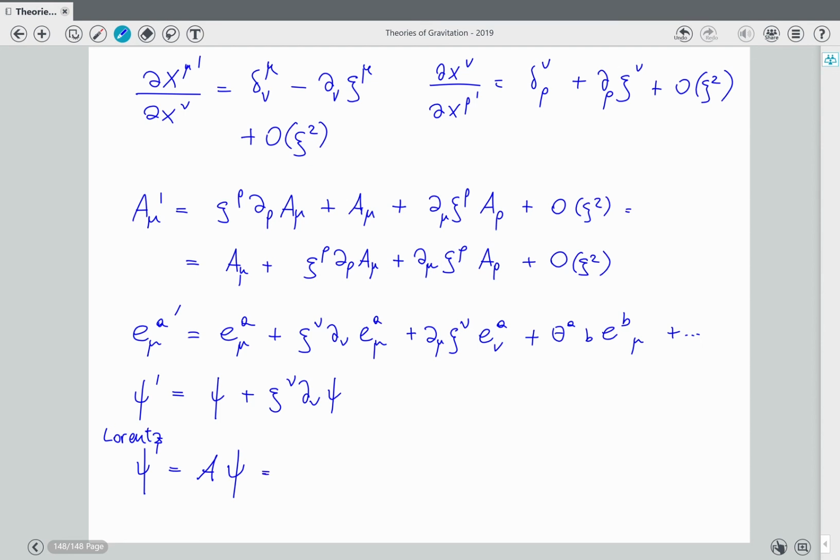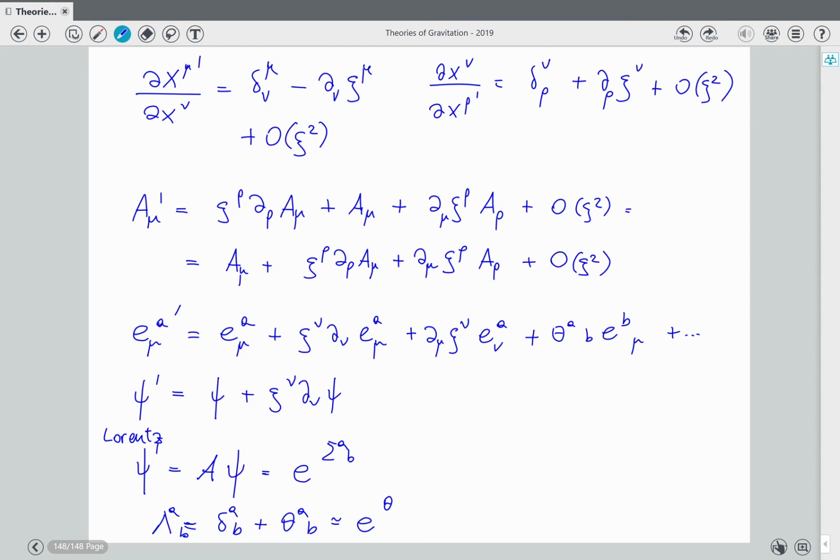That curly a is the exponential of sigma ab theta, if lambda is equal to delta AB plus theta AB to the first order.